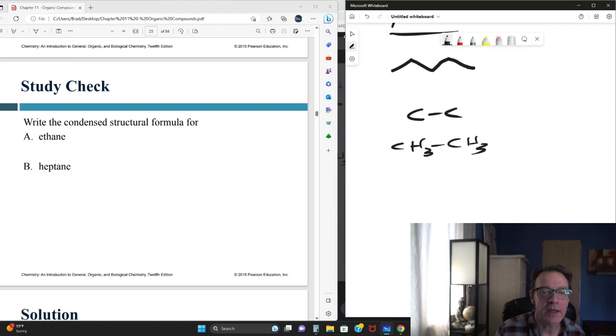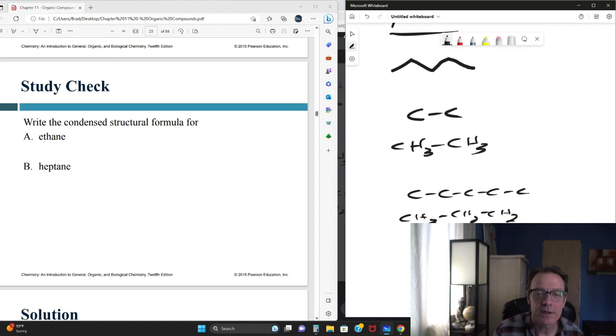Heptane, same thing. 1, 2, 3, 4, 5. So we're going to have CH3, CH2, CH2, CH2, CH3. Double check. 1, 2, 3, 4, 5. Yes, indeed, and nothing but single bonds. You can draw the expanded version if you want to put your mind at ease about that.